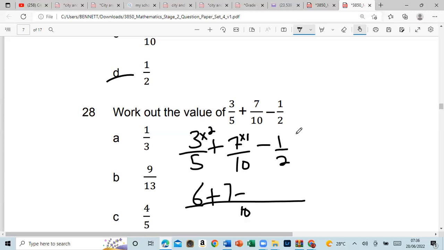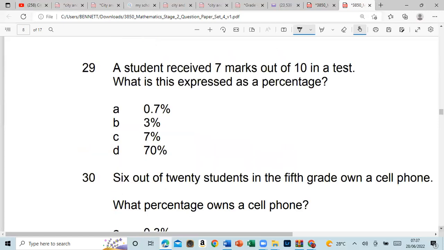So that's 7 minus 5. 6 and 7, 13, minus 5, that's 8 over 10. And it can be reduced to 4 over 5. We divide both by 2, so that's 4 over 5. So that's C.